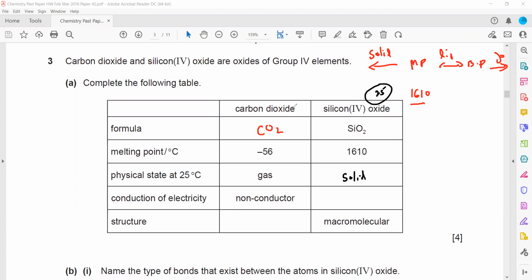Covalent means when two or more non-metals are attached, we call that covalent. And covalent structures are divided into two categories. One is called simple molecular, another one is macromolecule or giant.